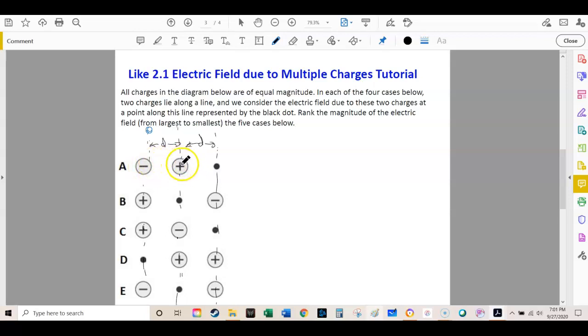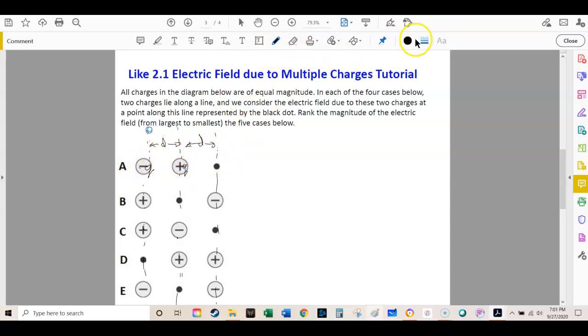But we'll just keep this as if you see a positive here, that's actually a positive Q. If you see a negative, that's a negative Q. So we're going to draw the electric field due to the positive Q at the red dot, which is a distance D away, and we're going to draw the electric field vector at the black dot due to the negative Q, which is 2 Ds away. All right, and we don't have to model it; we just have to actually draw the field vector.